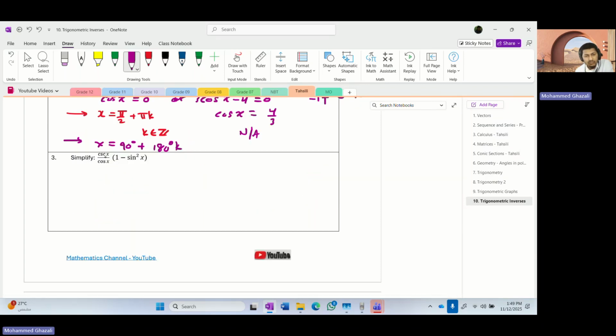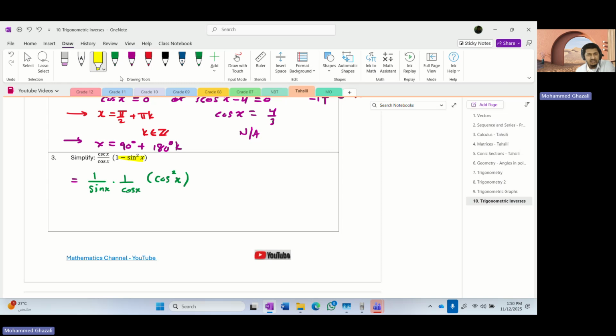Next one, we want to simplify cosec over cos. What is cosec? Cosec is 1 over sine, times 1 over cos, and 1 minus sine squared is cos squared x, because this is an identity.